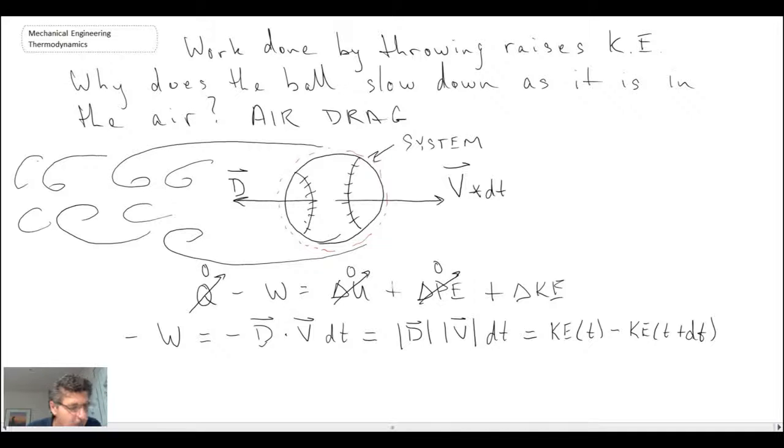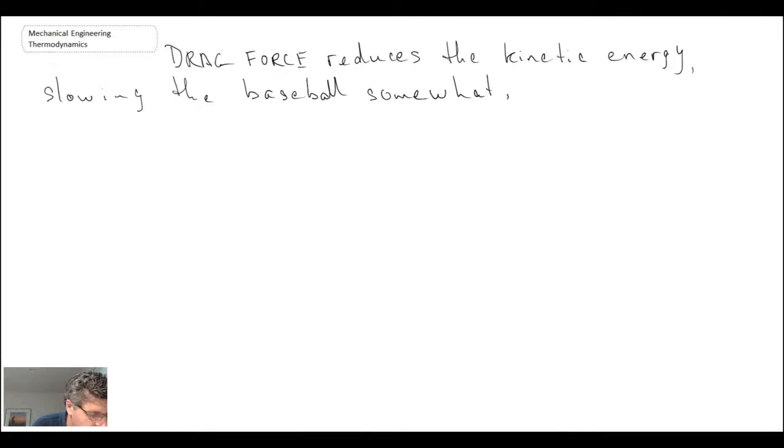Okay, so that's what's going on with our process. We basically have the drag force, and it is what is slowing down the baseball. Okay, so the drag force is what is slowing down our baseball.